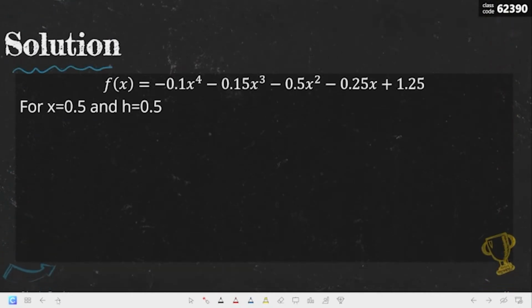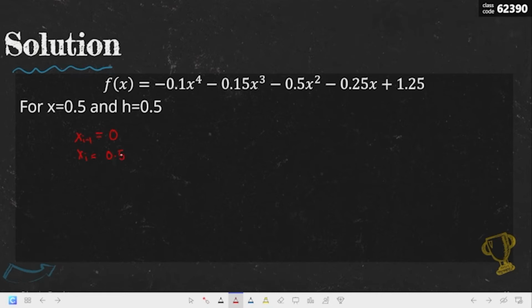So to find the solution, first we need to find the value of our xi. Our xi minus 1, so this is our previous value, is equal to 0, and our present value xi is equal to 0.5.